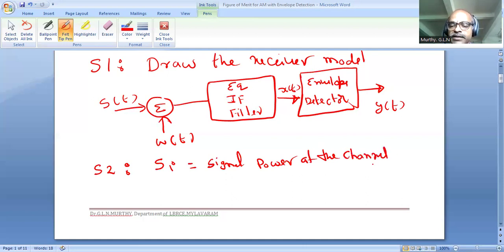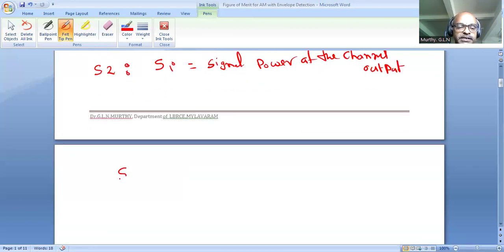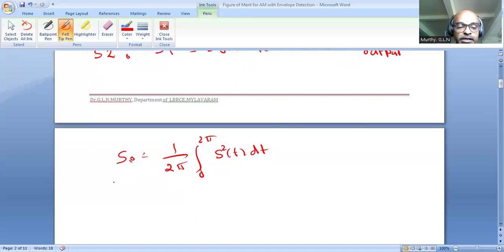This can also be termed as signal power at the receiver input, right? So how to get that expression? Si equals 1 over 2 pi, integral 0 to 2 pi, S square of t dt, because the output of the channel is the signal S of t.